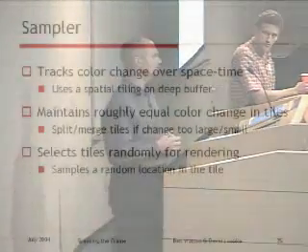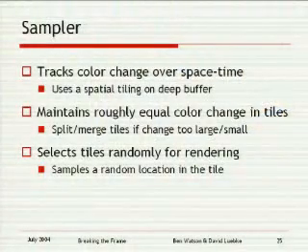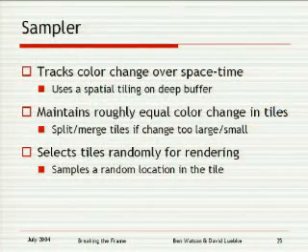So, first of all, let's talk about the sampler. The sampler is just like in many spatially adaptive renderers: it tracks color change over space, and it uses a tiling. But it also has to track color change across time because it's interested in change. So it uses a tiling like many other schemes do, but these tiles have a depth in time, so they extend into the deep buffer age.